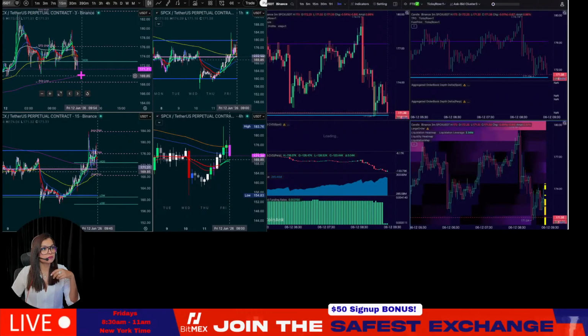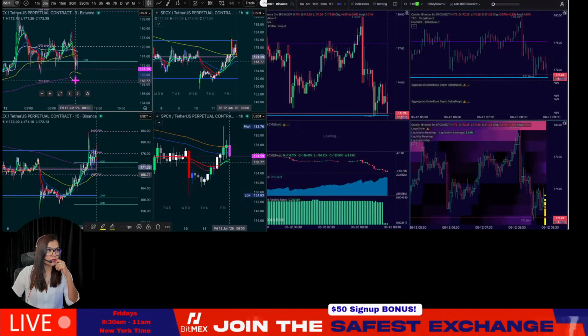I see right away that price is coming down to test this little 800 EMA. The 800 EMA is one of my favorite retest areas on the 3-minute and 15-minute time frames. I realize that price in an uptrend will come back, retest the 800 a lot of times, and then go up, or reverse.